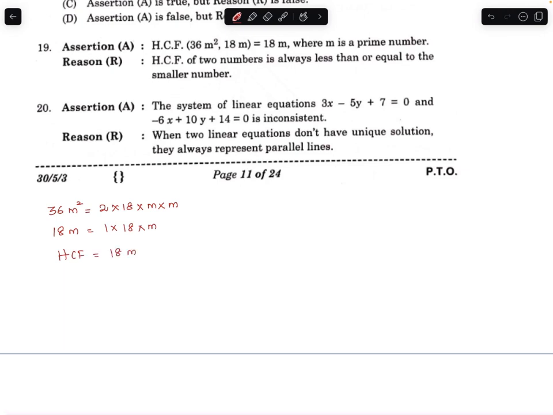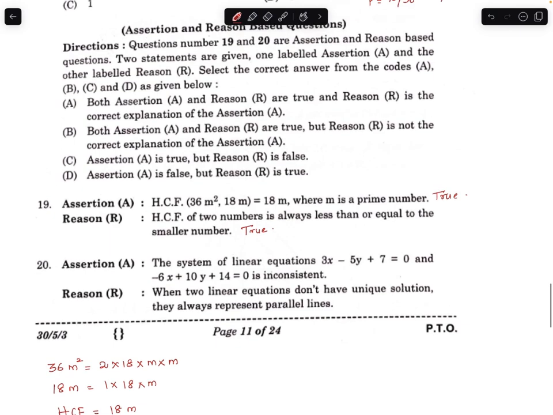So the first statement is true. The given numbers are 36m square and 18m. Between these two, 18m is the smaller number, and we have got the HCF as that smaller number. The reason statement says HCF of two numbers is always less than or equal to the smaller number, which is obviously true. So the answer is option A.